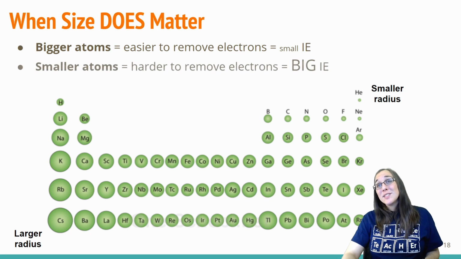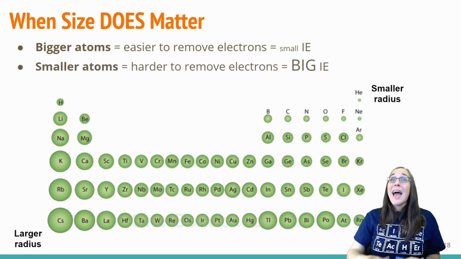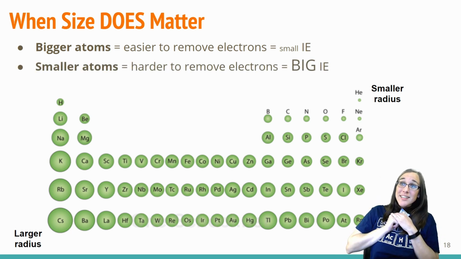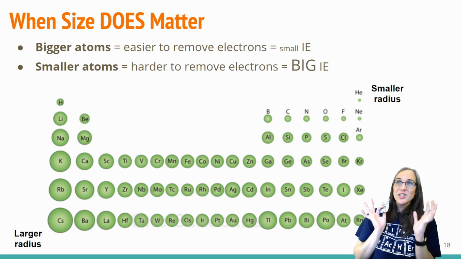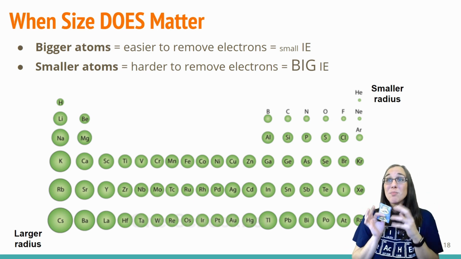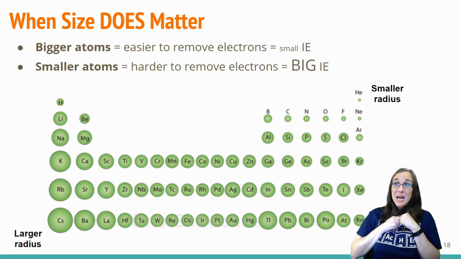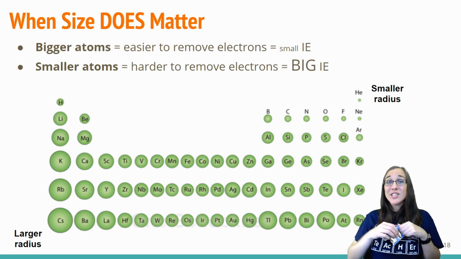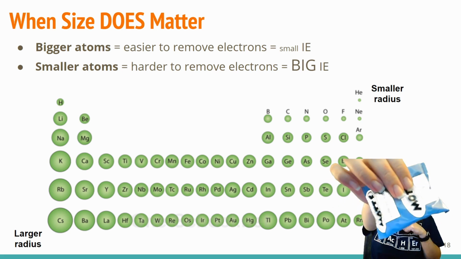Whereas smaller atoms have electrons that are harder to remove, so they have a big ionization energy. You require more energy to steal these gummies when I'm clutching to them tightly, as opposed to less energy if the electrons are right there for you to grab.